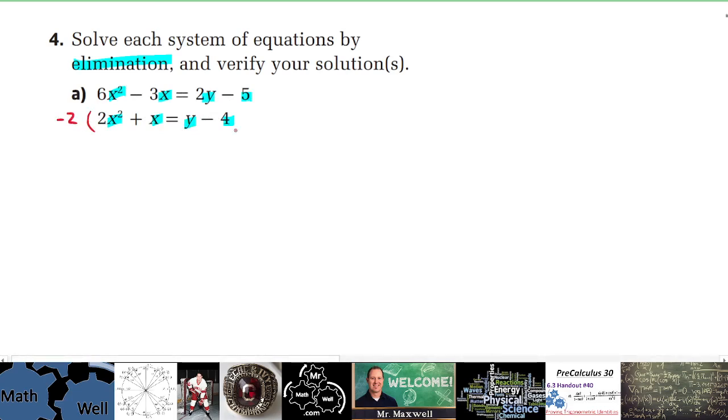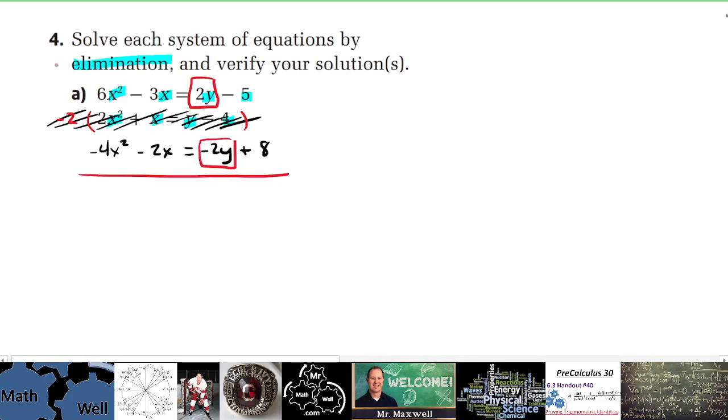Because what will that do? Well, that will give us -4x squared minus 2x equals -2y plus 8. And that's important because now we see that the 2y plus -2y are going to cancel each other out, or eliminate. That's the name of the method.